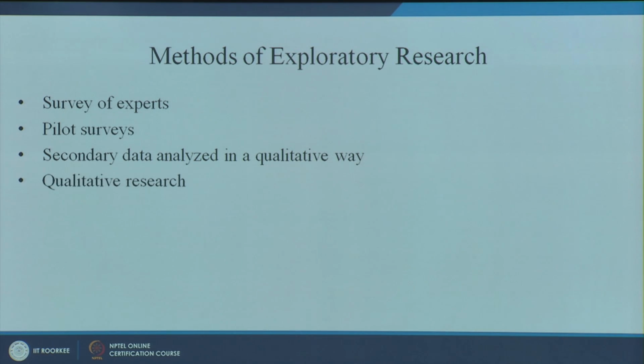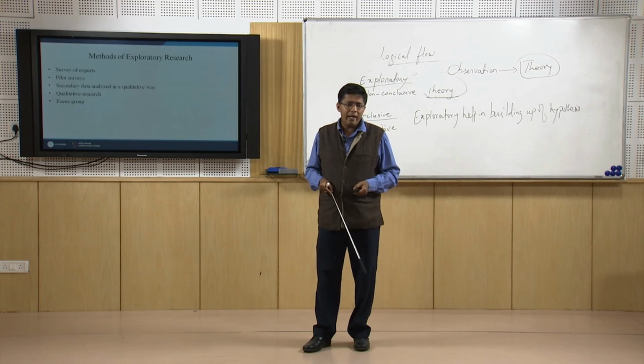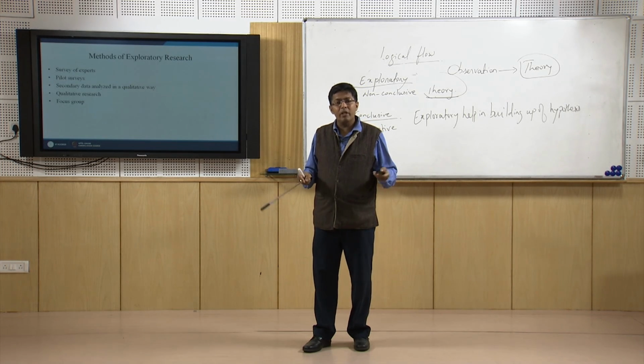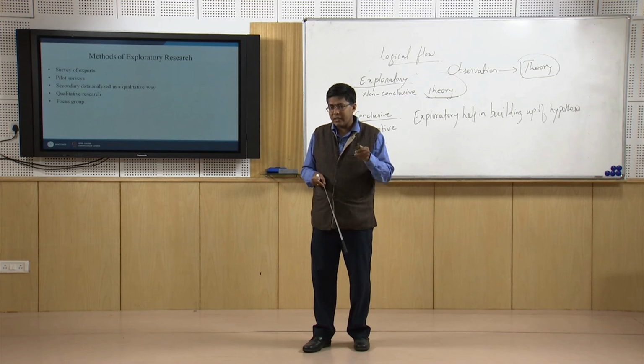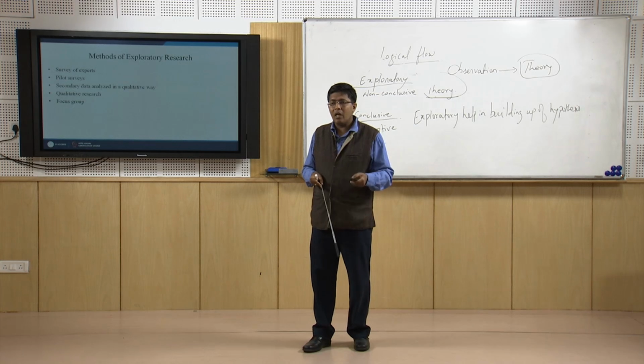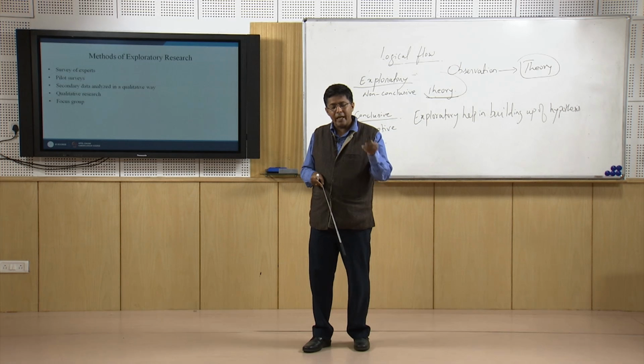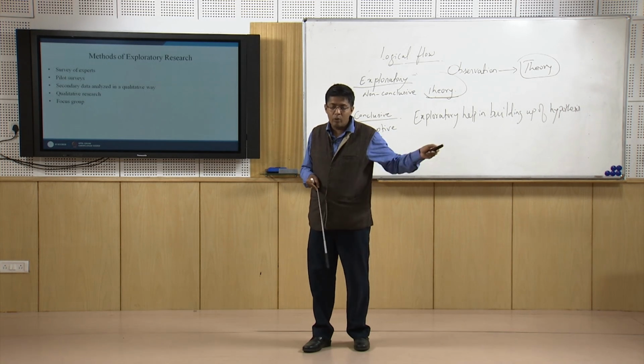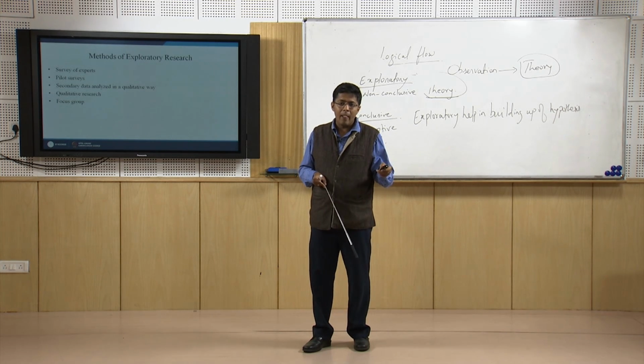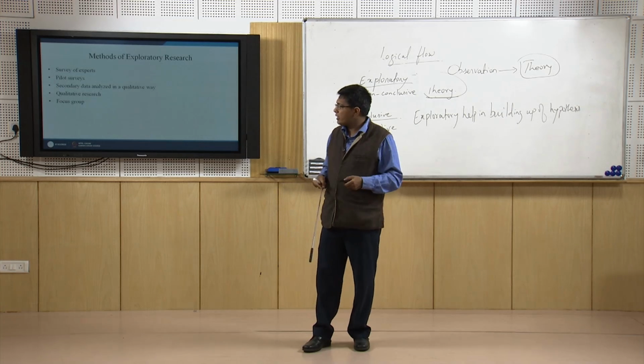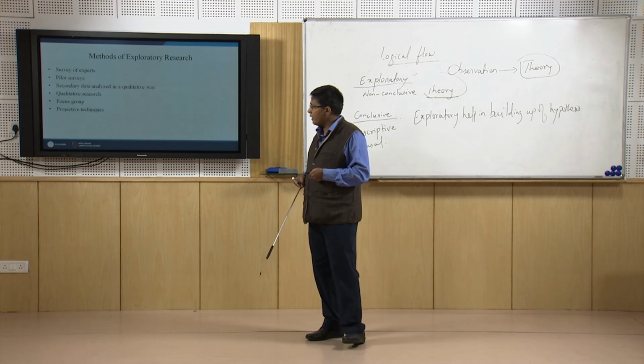Then qualitative research, where we have some techniques, like the focus group, which is very important: how focus groups are used, why they are used, and how helpful they can be in marketing. I will give an example of how companies have used focus groups as a technique to get ideas about things they had no clue about, for example. So, there are certain examples where we will see how helpful focus groups are.